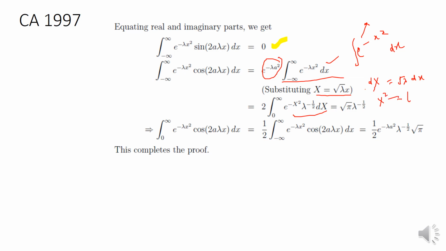Now we do another substitution, that X square is equal to t. So this gives 2X dX is equal to dt.